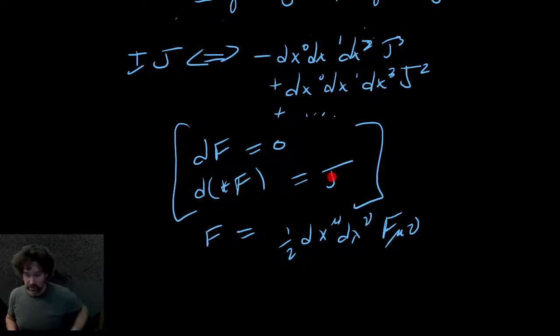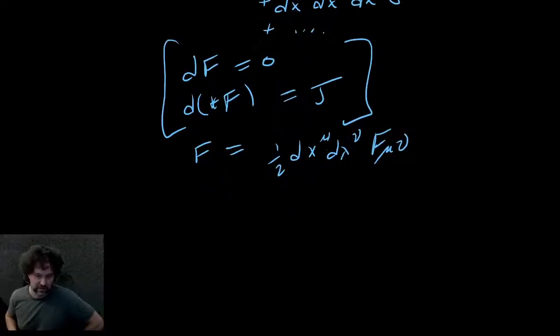Whereas this is a 3-form equivalent, should be the equivalent of the dual of, let's write a small j, let's write j equals dx^μ j_μ, and we'll say that J as a 3-form is star j.